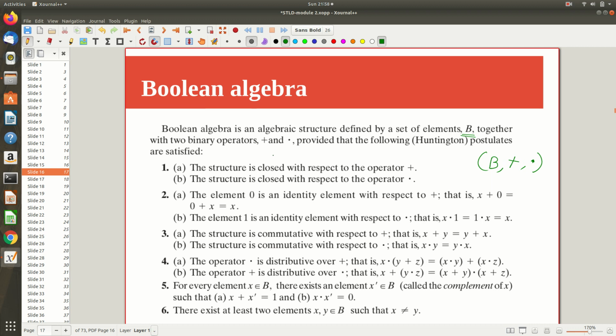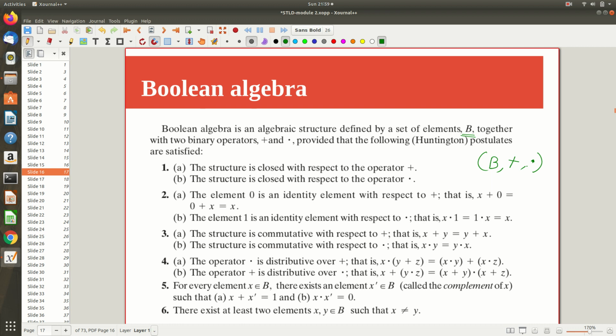So the requirements are that these 6 conditions should hold. For any Boolean algebra, which is an algebraic structure having a set B and two operators plus and dot, we are not saying what this set or these operators are at this point, but we need this many conditions to hold so that this algebraic structure becomes a Boolean algebra.